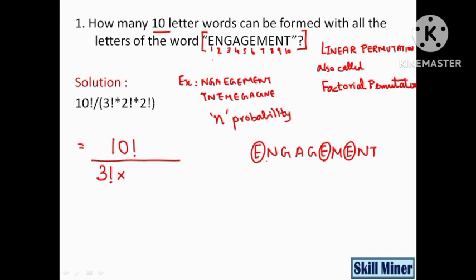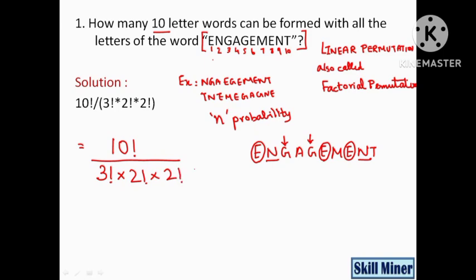N is coming 2 times, so 2 factorial. G is coming 2 times, so 2 factorial.